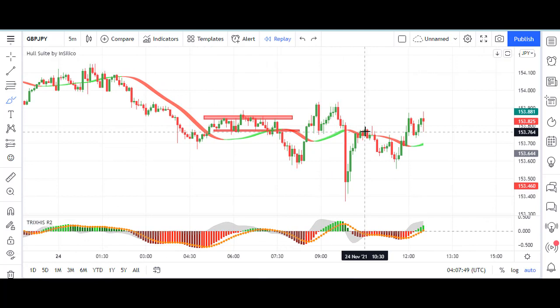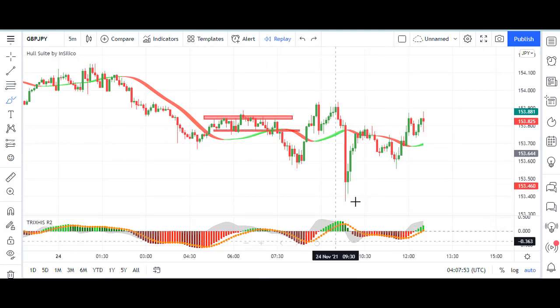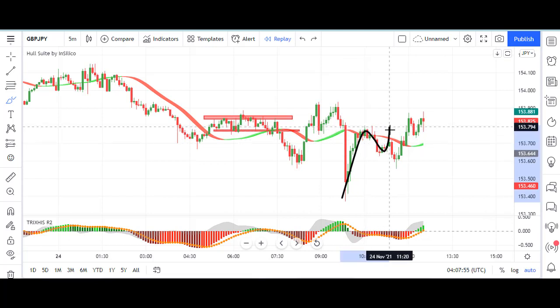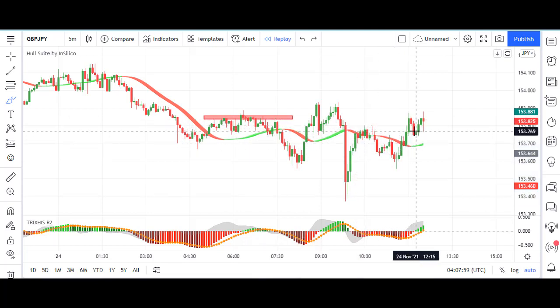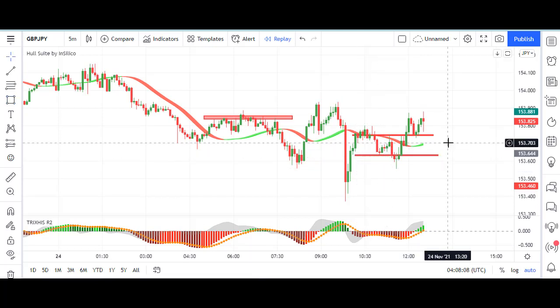Okay, in here we see the market frame a trading range, breakout and retest. I define the trading range by this and this.